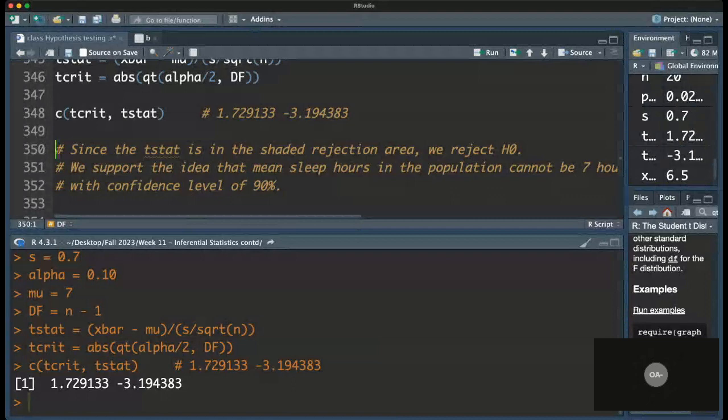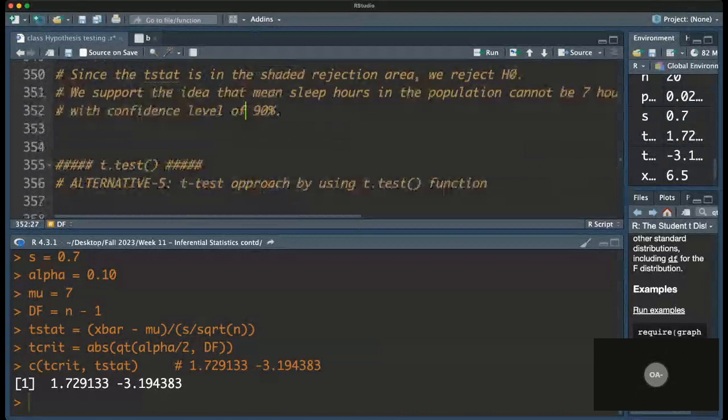And so in that case, we get to reject our null hypothesis. All right, so we say we support the idea that mean sleep hours in the population cannot be 7 hours at the confidence level of 90%, right?